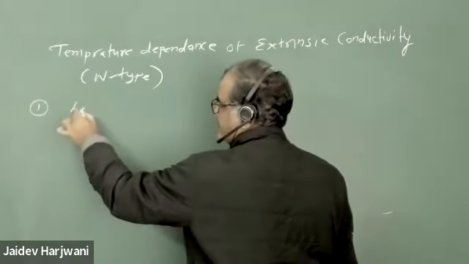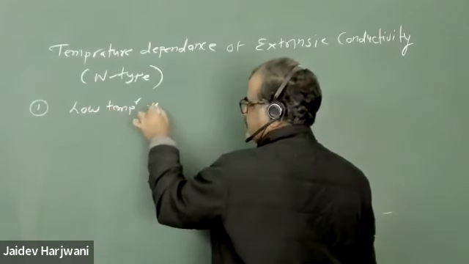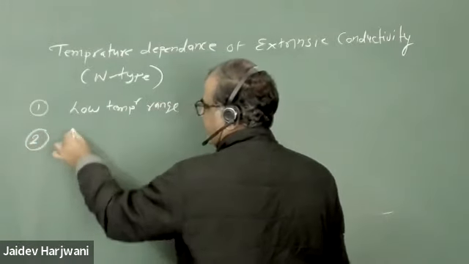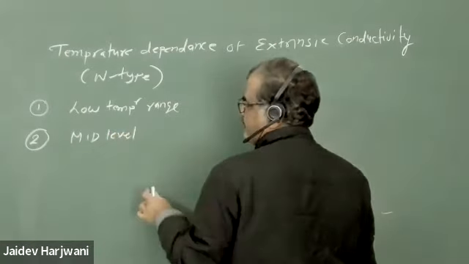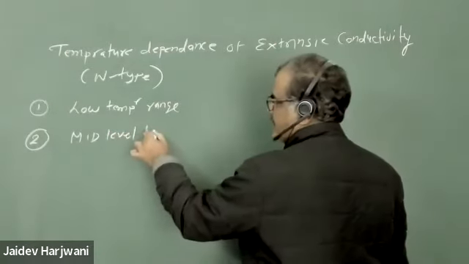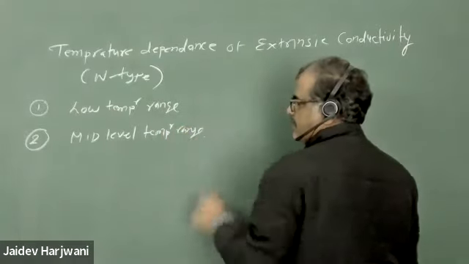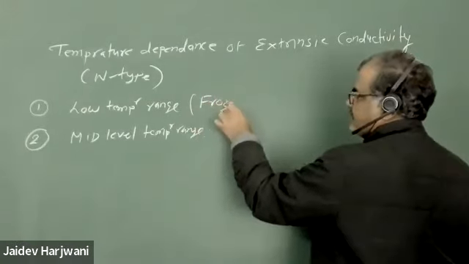One is the low temperature range. The second one is the mid-level temperature range, which is also called the frozen temperature range.